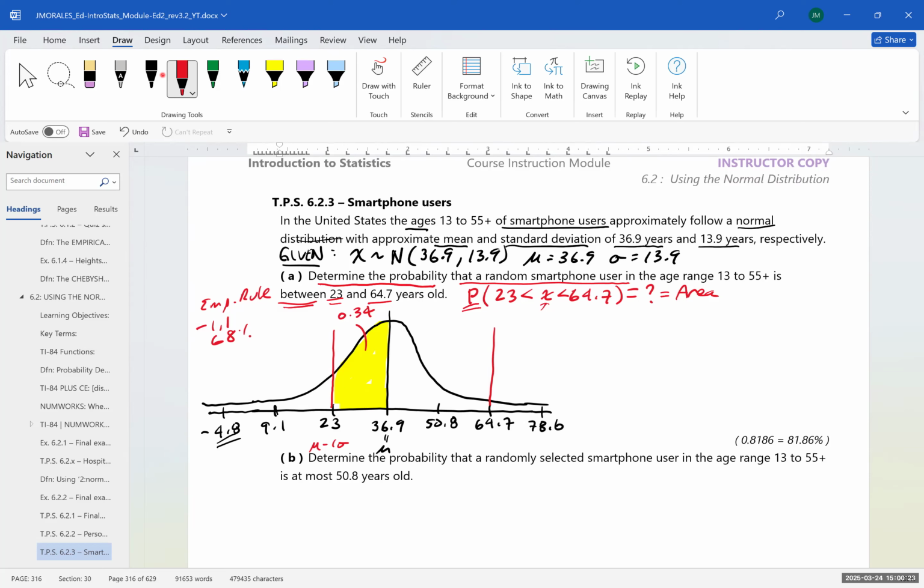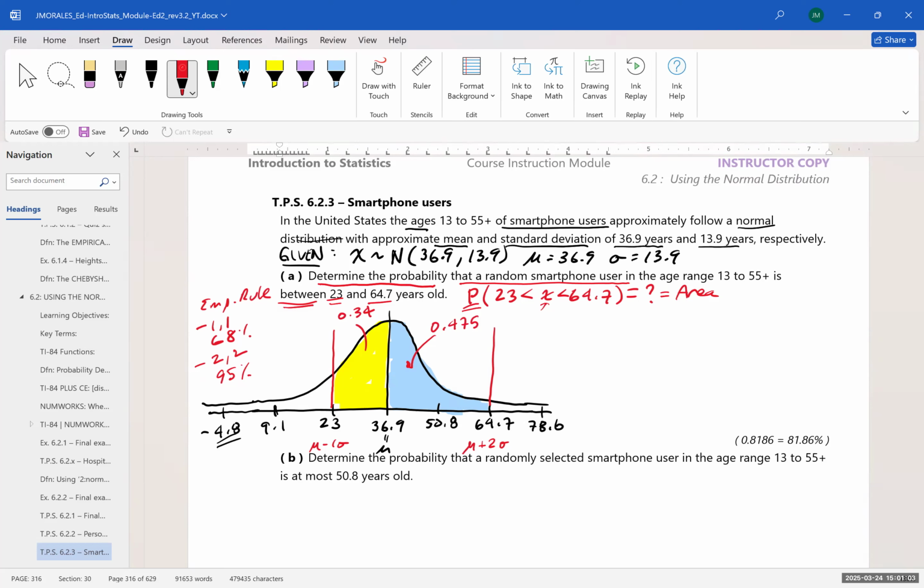All right. And this number of 64.7, well, that's standing right on top of the mean plus 2 standard deviations. And if we look at the empirical rule, that's going to be approximately 95%. So this area here is going to be half of 95, that's going to be 47.5.